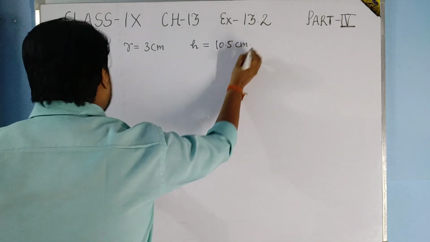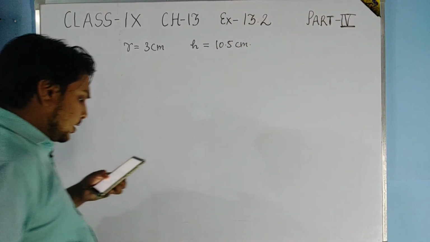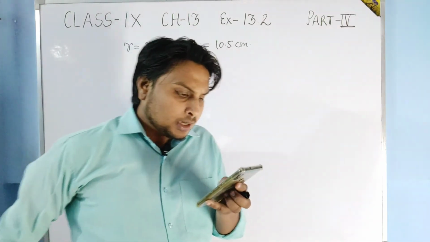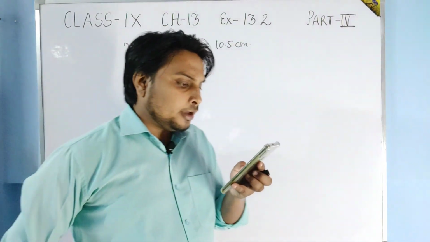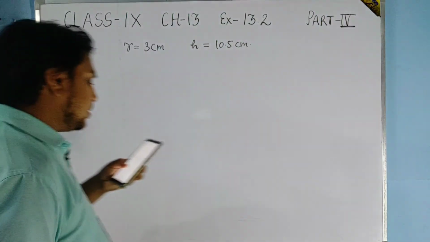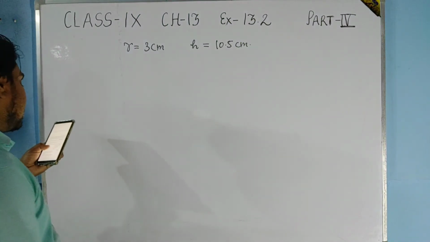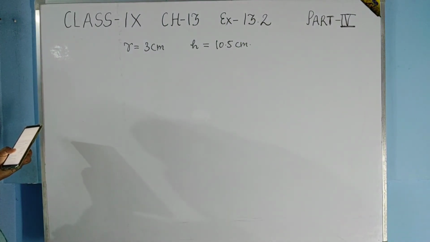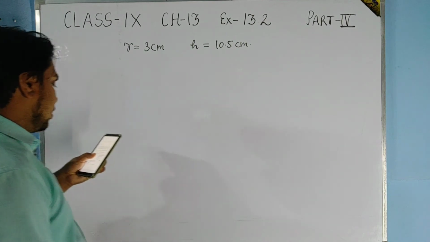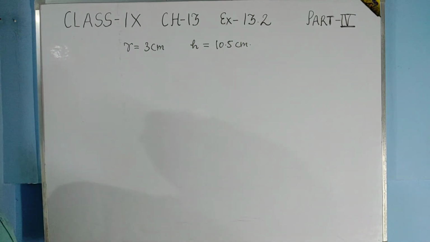The Vidyalaya was asked to supply the competitors with cardboard, and there were 35 competitors. So how much cardboard was required to be bought for the competition?